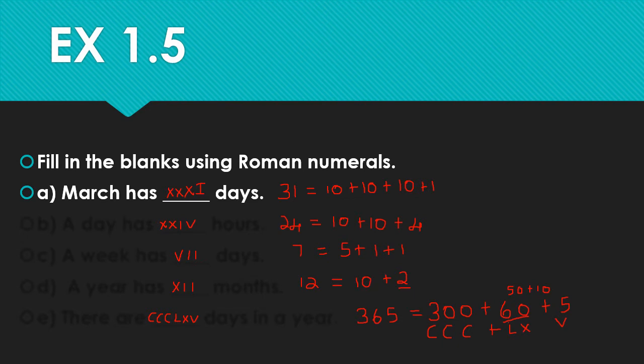March has 31 days. This you have to represent in Roman numerals. So, 31, we don't have a direct symbol for 31. So, you can split this number as 10 plus 1.